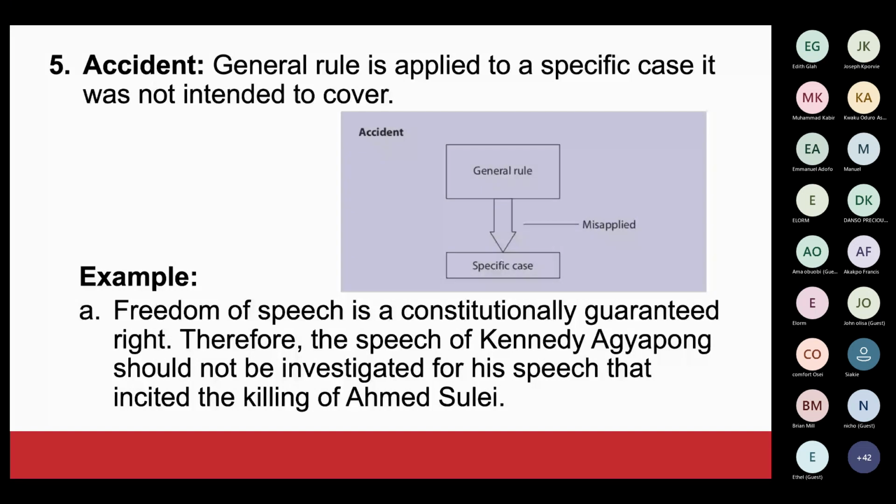But if you use your right to incite people to destroy property, that is where it becomes a fallacy. It's a general rule that has been misapplied. It does not mean that you cannot use it, but the context is misapplied.